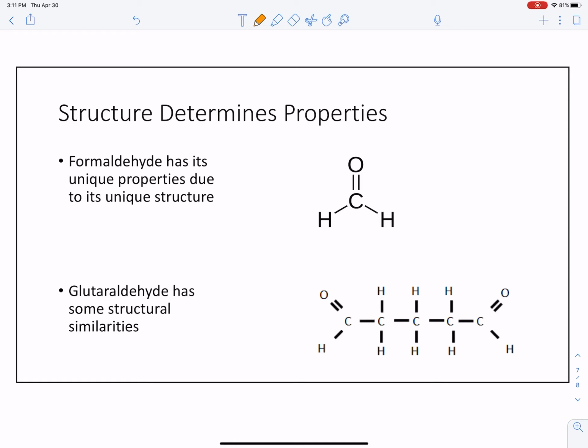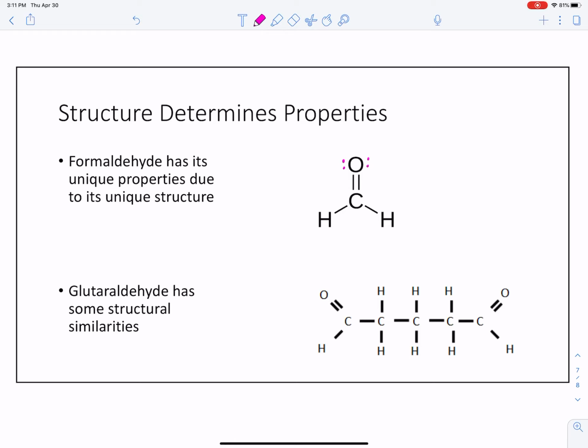So now we can start to look at a couple of different things in terms of how this looks. We've already looked at formaldehyde, and we know that there's a couple of lone pairs on this oxygen. So we've got 8 electrons around the oxygen, we have 8 electrons around the carbon, and we have 2 hydrogens, each with 2 electrons.